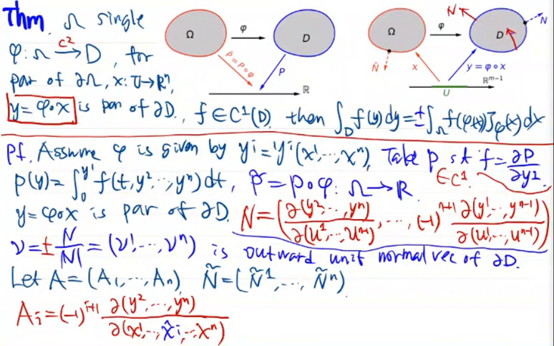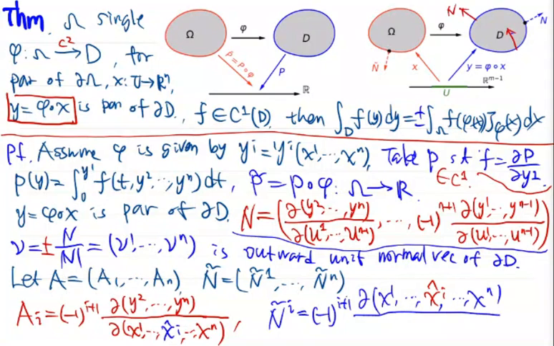And for the n tilde I, it is (-1)^(I+1) multiplying the Jacobian determinant of x1, xi hat, which also means xi is missing, ..., xn with respect to u1, ..., un minus 1.